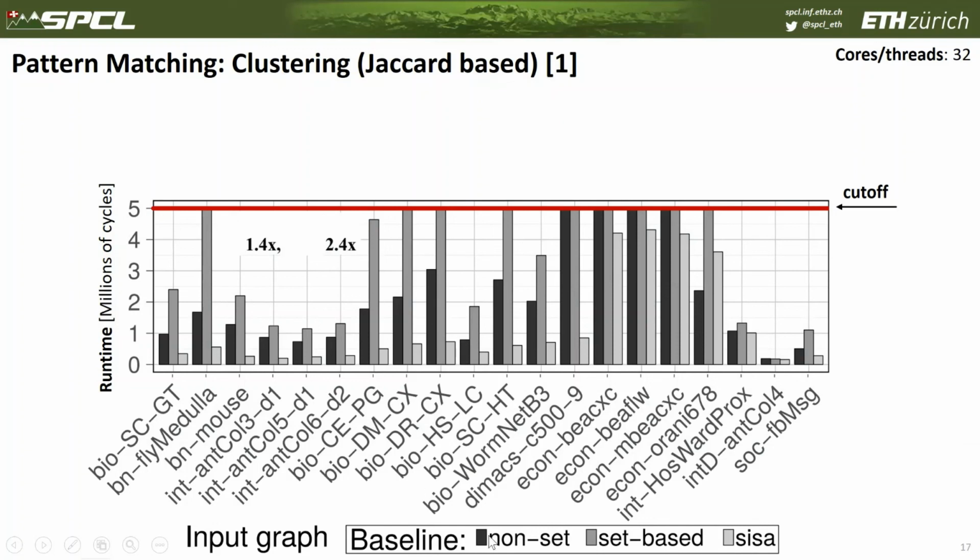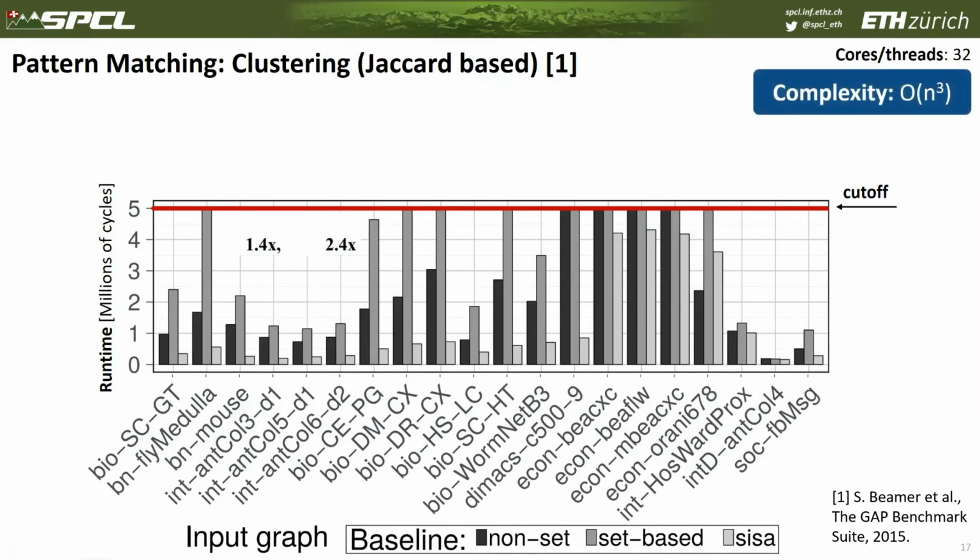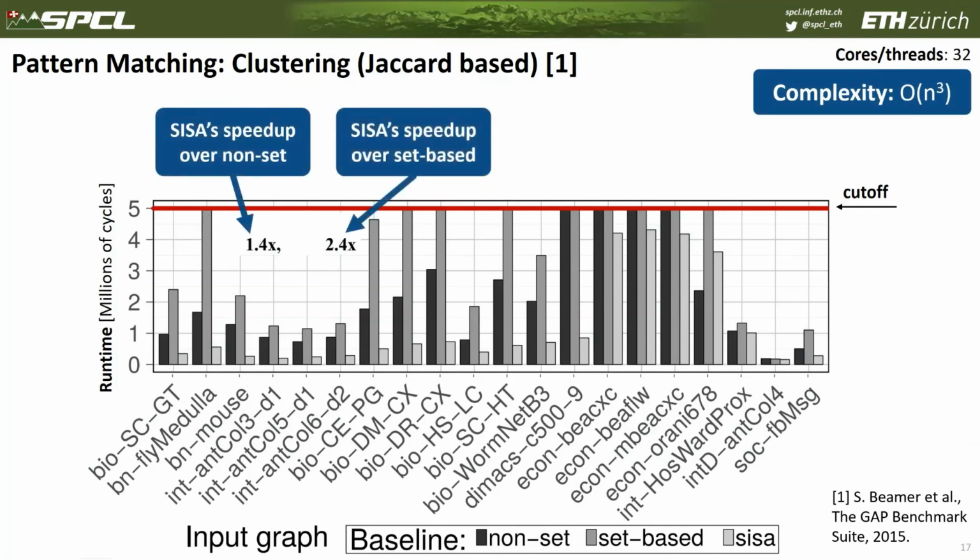Here we have again the non-set variant, the set-based, and the SISA. We compare the non-set implementation coming from the highly optimized GAP benchmark suite. The complexity of this clustering scheme is O of n^3. Here we also plot the overall summarized SISA speedups over the non-set variant and the set-based variant.